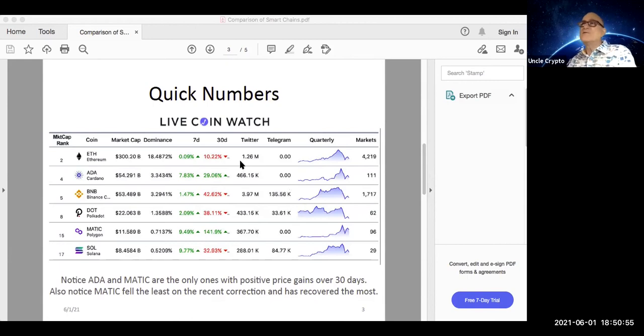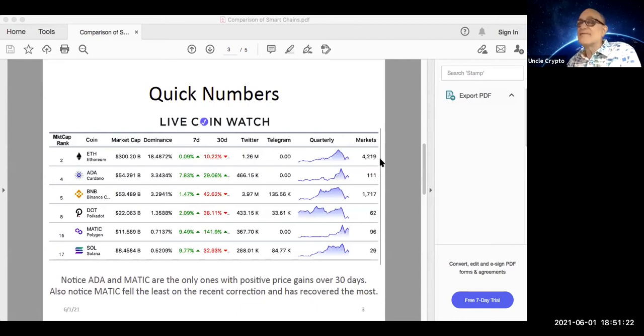And the other thing that's interesting is the last column here is how many markets. So for example, Binance is a market, Coinbase is a market, Kraken is a market, Gemini is a market, Uniswap is a market, SushiSwap is a market, PancakeSwap is a market. How many markets are they traded on? And obviously, Ethereum is the King Kong of them all.